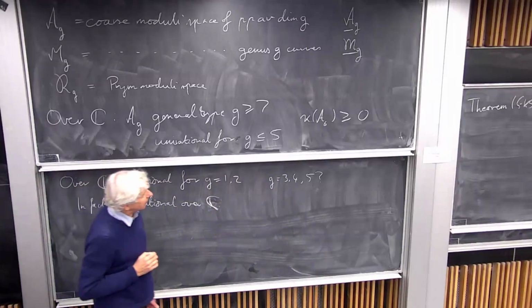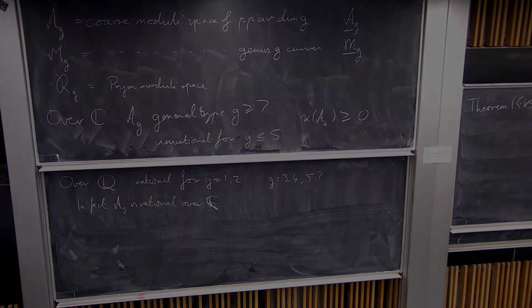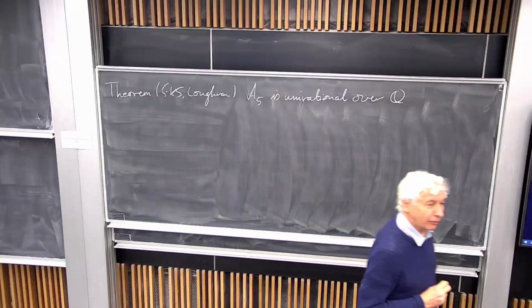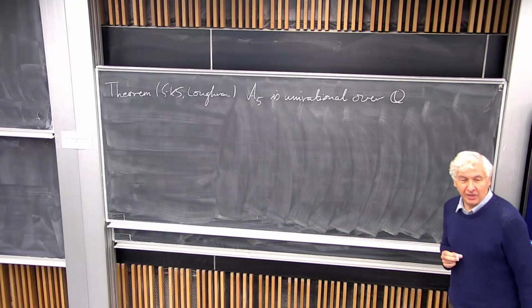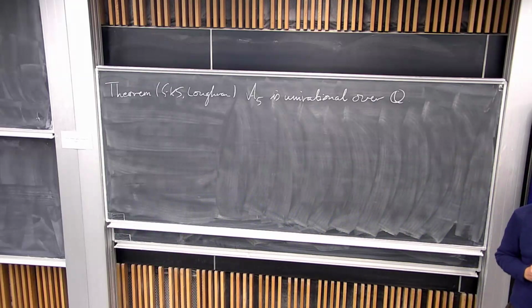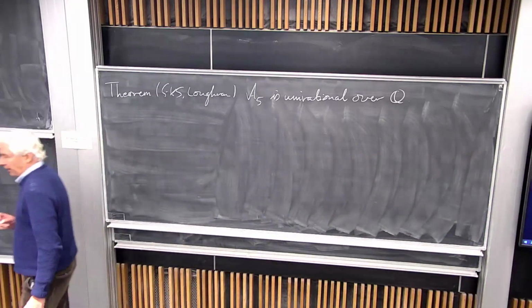So what you do, this is actually not very hard, really. What you do is you go and look up all the proofs that A5 is unirational over the complex numbers, and you go through them until you find one that you like, and where you can see what's going on sufficiently clearly to be able to check whether it works over the rational numbers. And so there are several of these proofs.